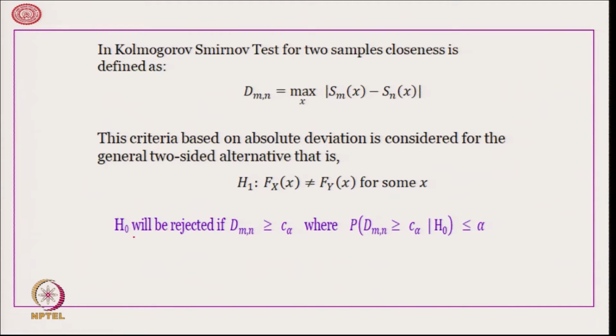That is what we have written: H naught will be rejected if D_mn, which is the maximum of the difference taken over all x's, is greater than some critical value C alpha for level of significance alpha, where the probability of D_mn greater than or equal to C alpha under the null hypothesis is less than or equal to alpha. The question is how to obtain these critical values C alpha, and that is what the Kolmogorov-Smirnov two sample test is all about.